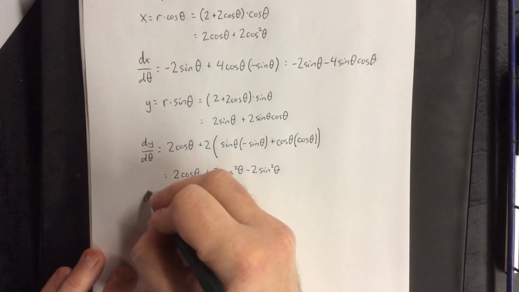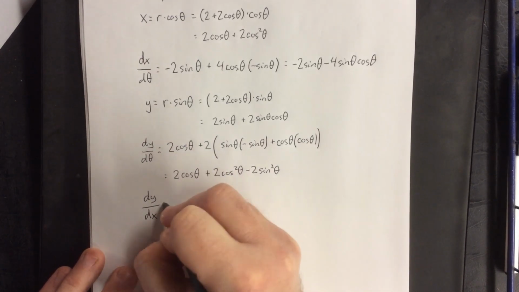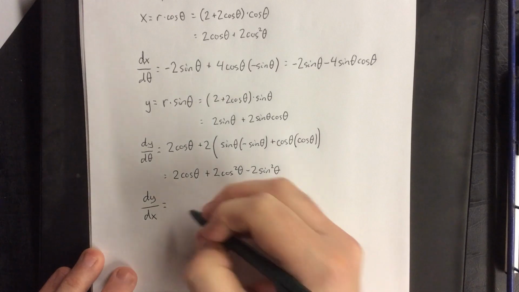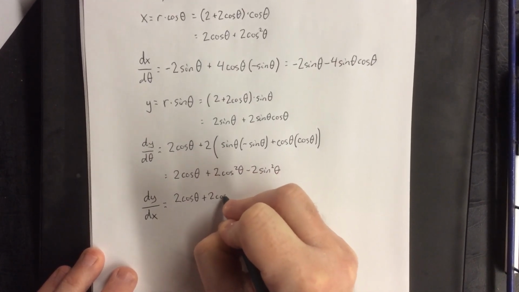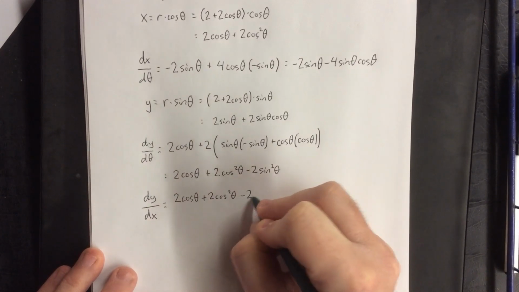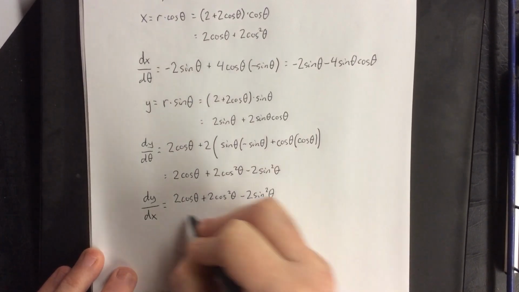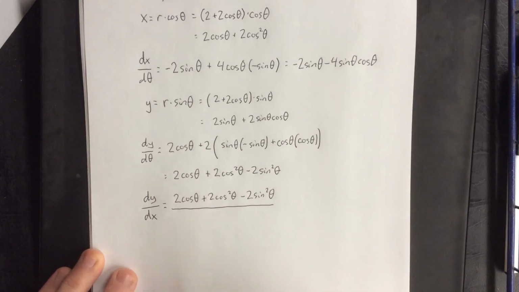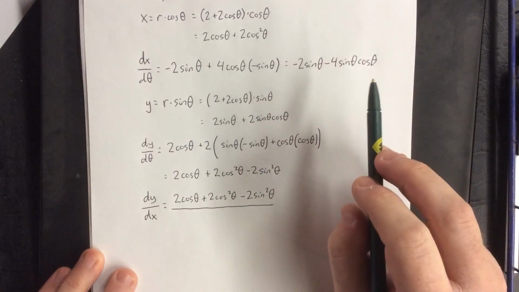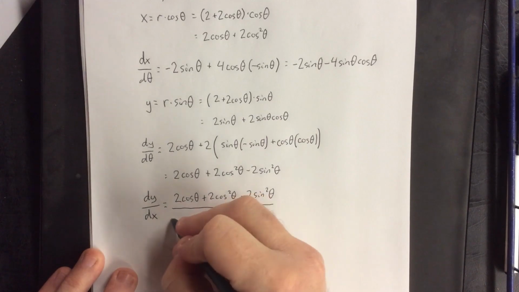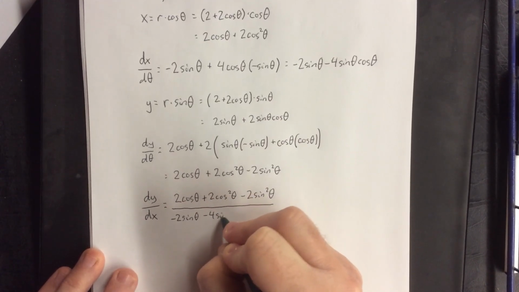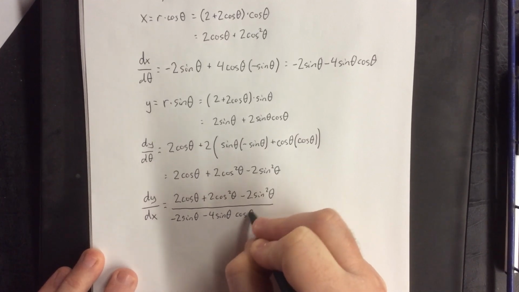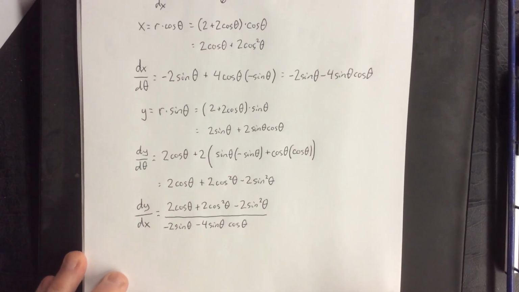But if I want to combine them into one big expression, dy dx is going to be equal to the derivative of y with respect to theta on top, 2 times the cosine of theta plus 2 times the cosine squared of theta minus 2 times the sine squared of theta, all over the derivative of x with respect to theta, which is this guy right back here: negative 2 sine theta minus 4 sine theta cosine theta. So this is the expression in terms of theta of what our derivative is.